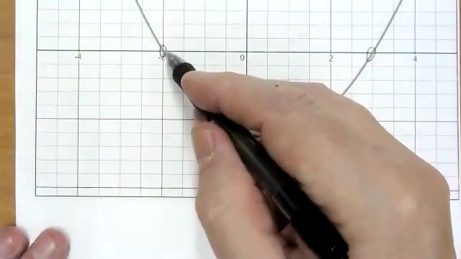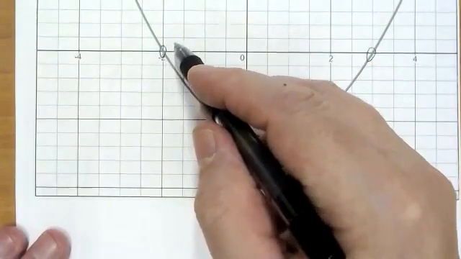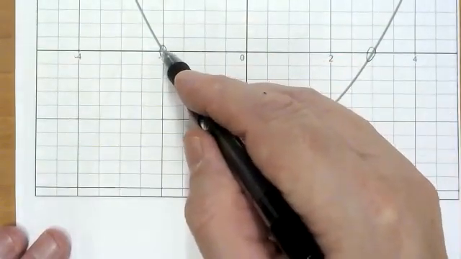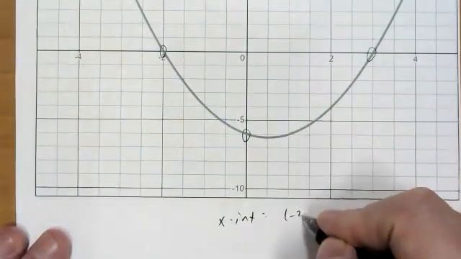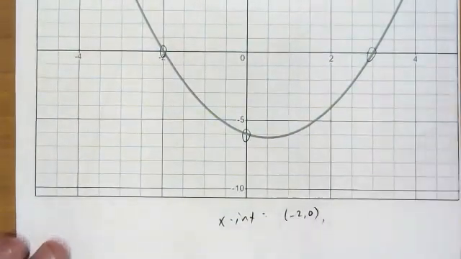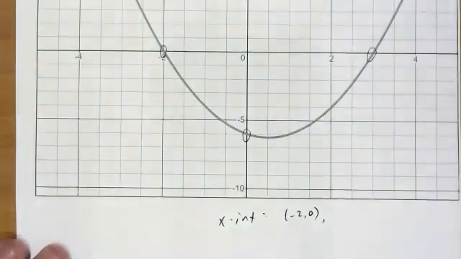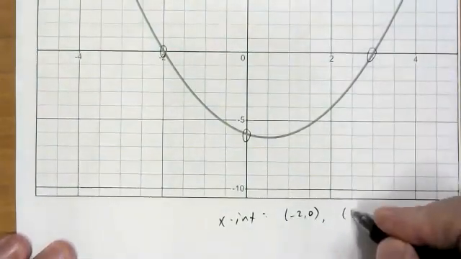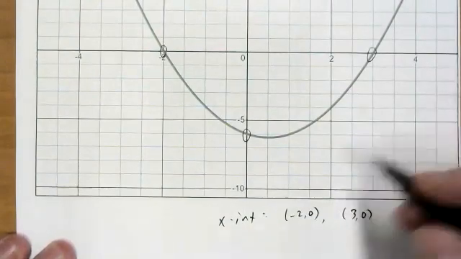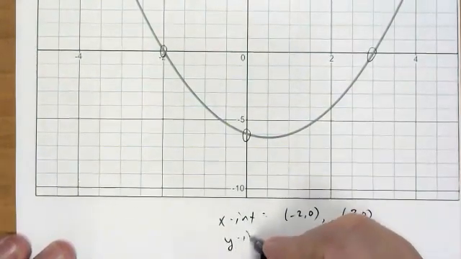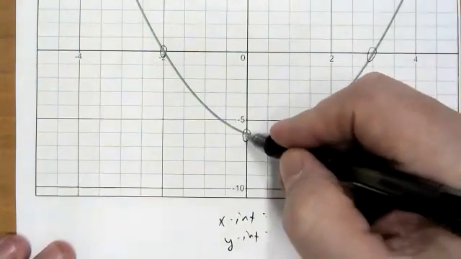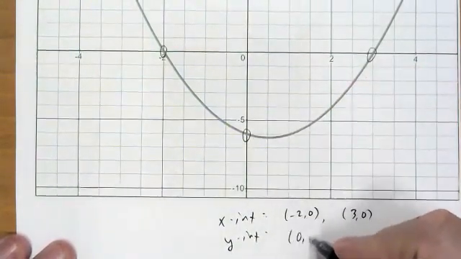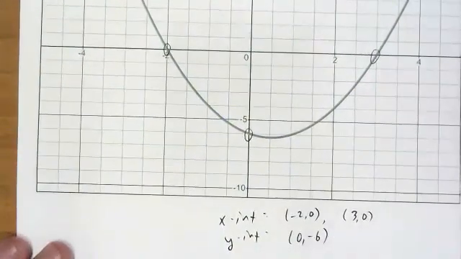Just for fun, just to have some variety, I'm going to write these as ordered pairs. This point here, the x-intercept, is -2, 0. This one here is 3, 0. The y-intercept looks like it's right here: 0, -6.